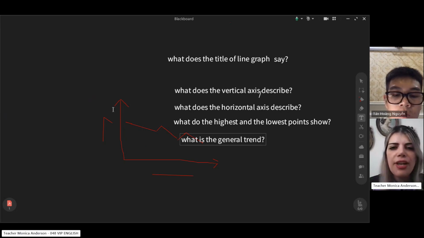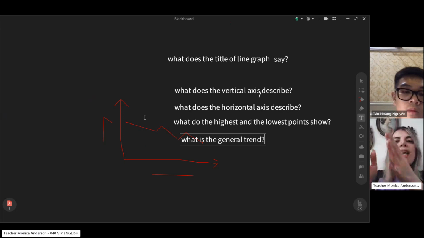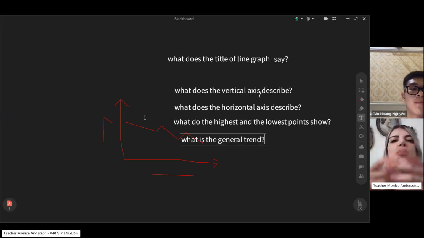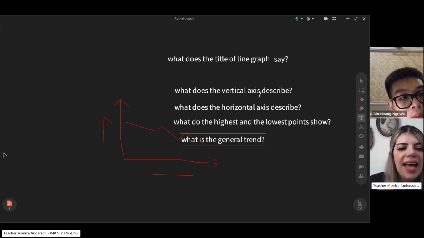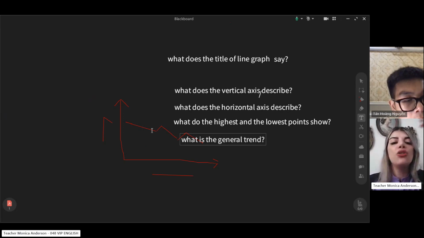As I can see, in points B, C and D I have the same change, a mild change, not a significant change. Points A, B, C and D are the same or similar. So this is the general trend. And if you have any sharp increase or decrease, you need to mention it.